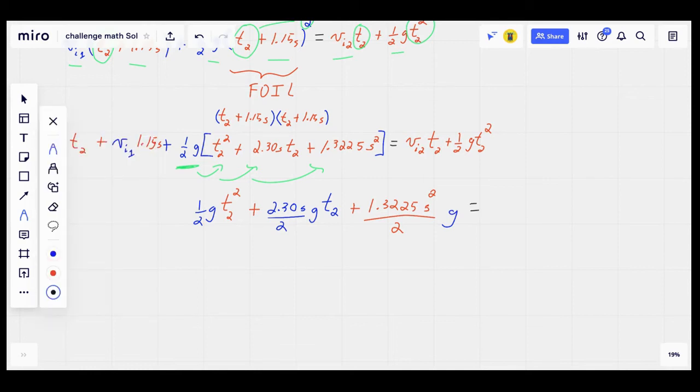That equals, and I haven't had to do anything on the right side of this equation yet, V initial 2 times T2 plus 1/2 g T2 squared.